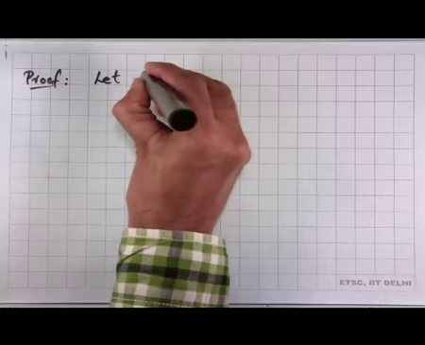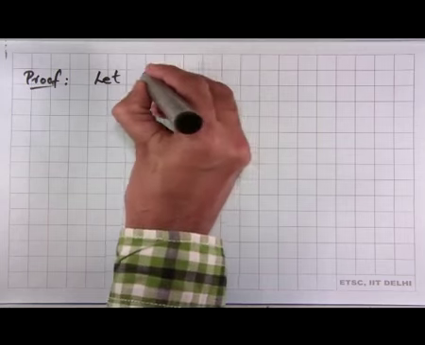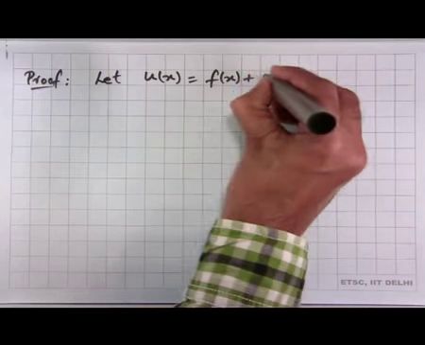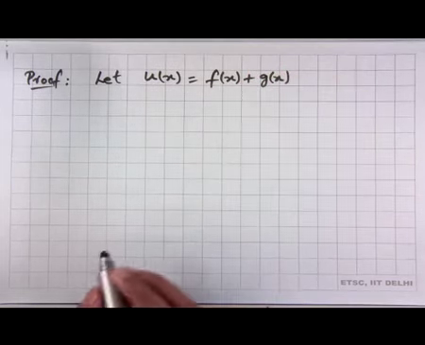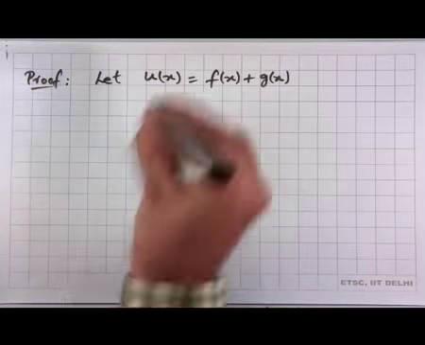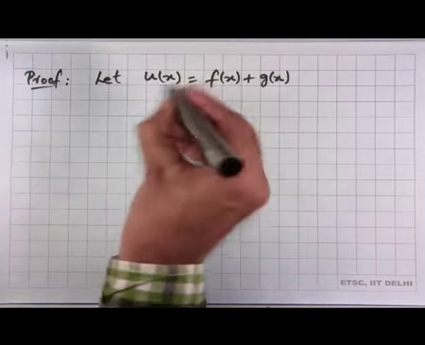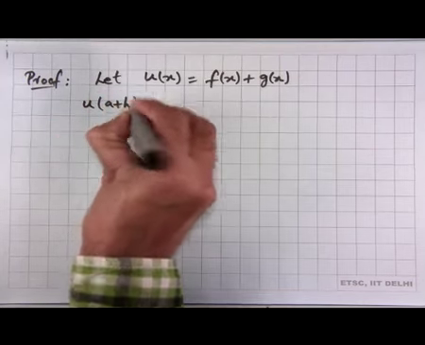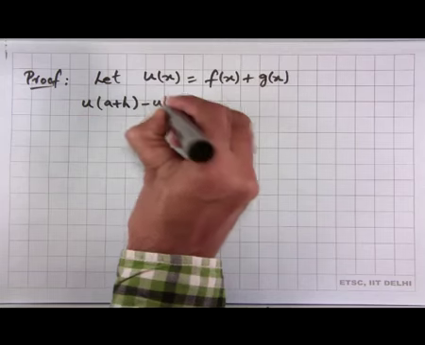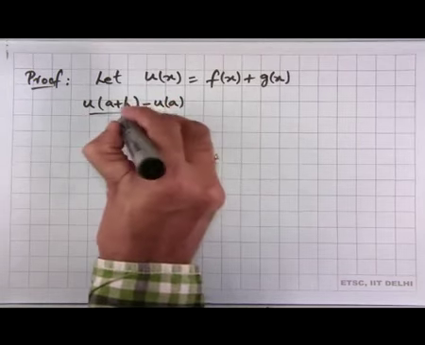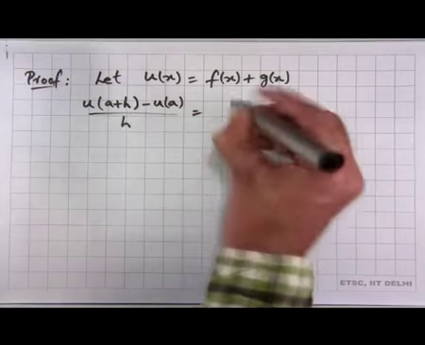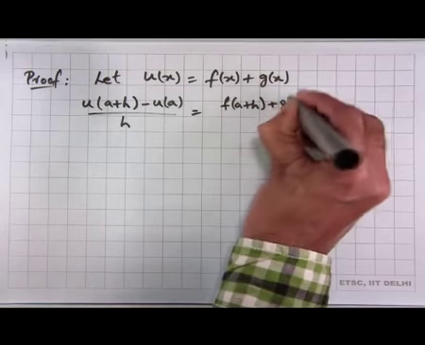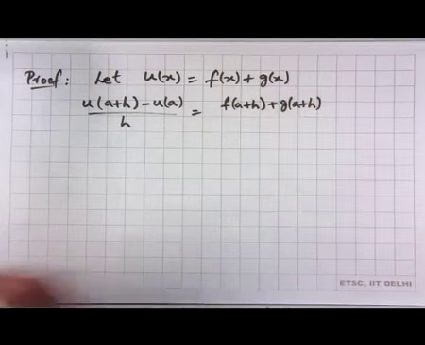So, let me write u(x) equal to f(x) plus g(x). Then we want to show that u is differentiable at a. So, if I write u of a plus h minus u of a divided by h, this is equal to f of a plus h plus g of a plus h, so that is u of a plus h.